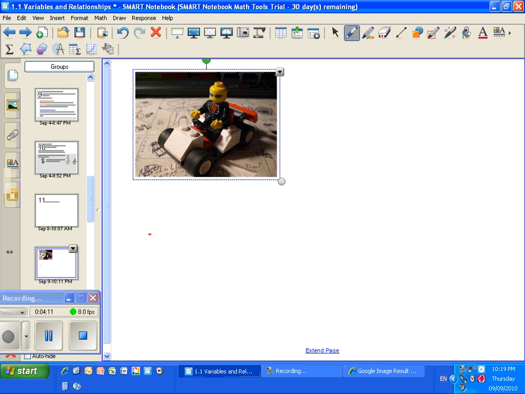Well, what can I do to increase the speed? There's probably quite a few things that I could do. Maybe the tires, I can make some adjustments. Maybe I can put some lubrication on the axle and make it go faster. Maybe I can make it a sleek design so that it has less wind resistance.